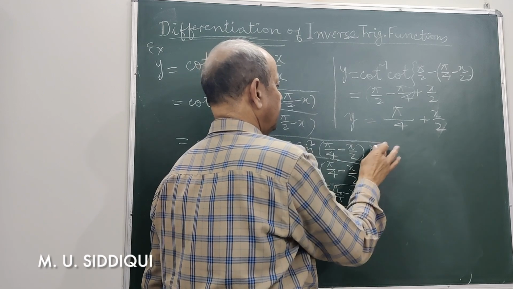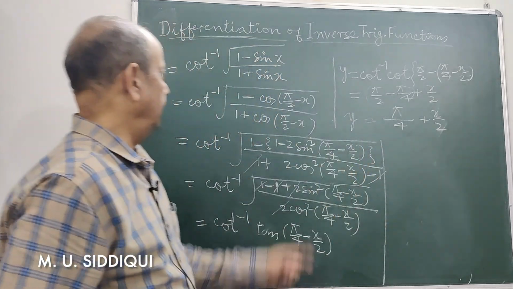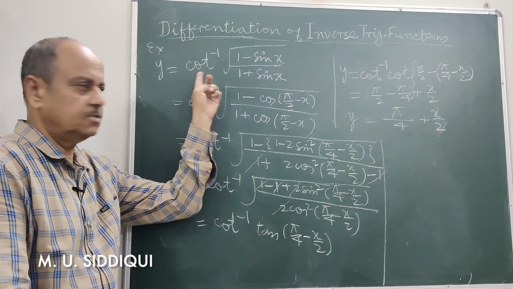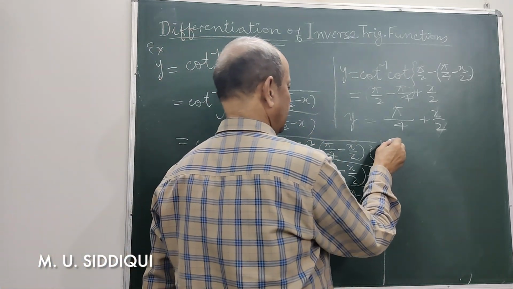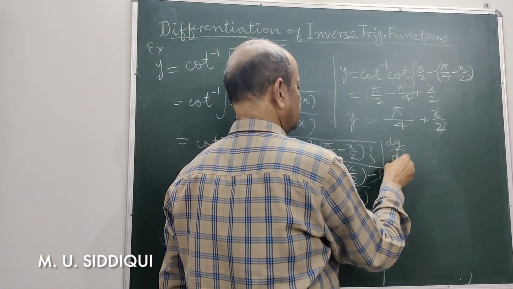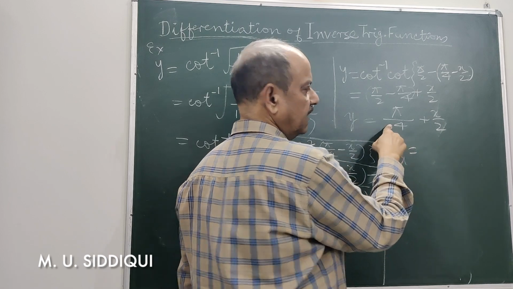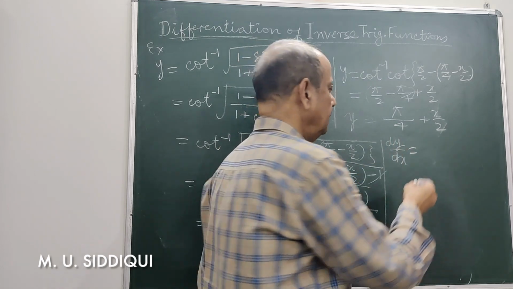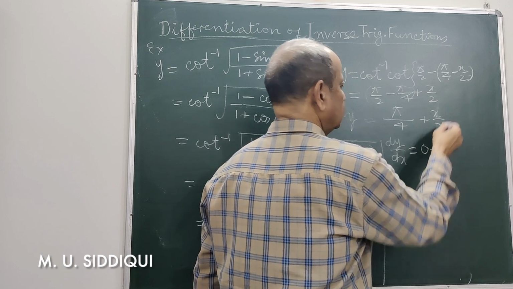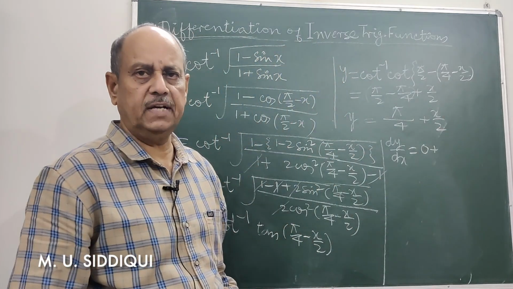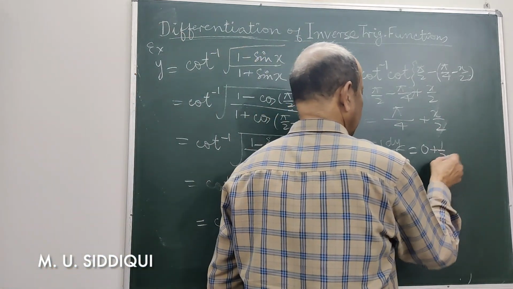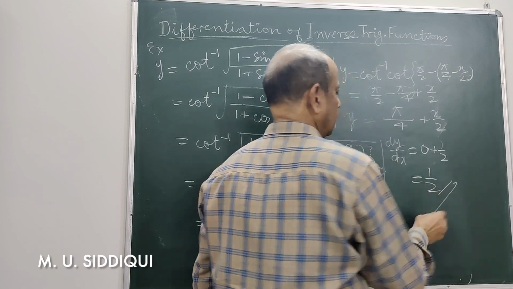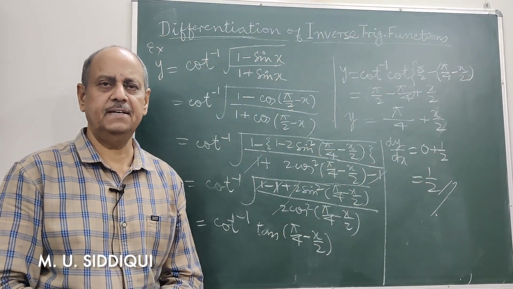This is your simplified value of this y. So you had to differentiate this, you can differentiate this as well. dy dx is equal to d dx of pi by 4, which is a constant, it will become just 0, and d dx of x upon 2 is only 1 upon 2, and therefore you got finally, okay, that's it.